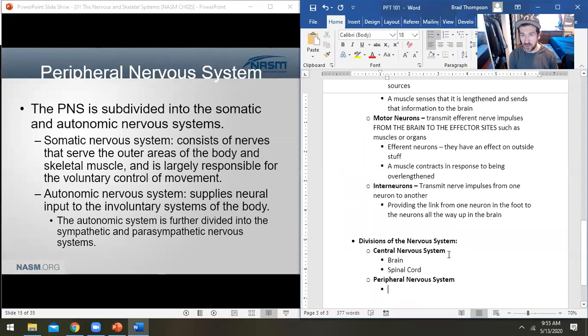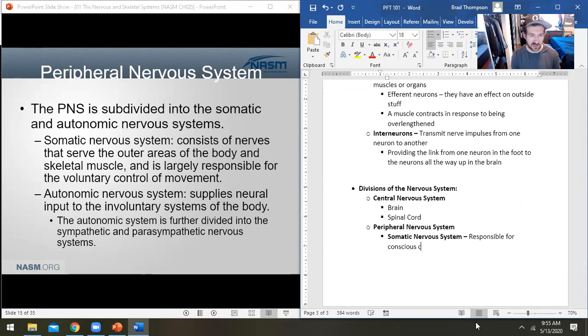So you've got your somatic nervous system. This is responsible for conscious, voluntary responses.